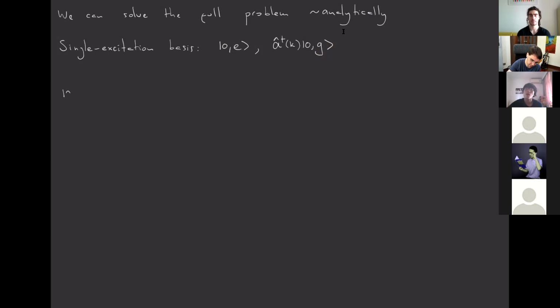And this means that the state of the full system at any time we can span as some time-dependent coefficient alpha times one basis vector, and then another time-dependent coefficient beta for each k times the other basis vectors.